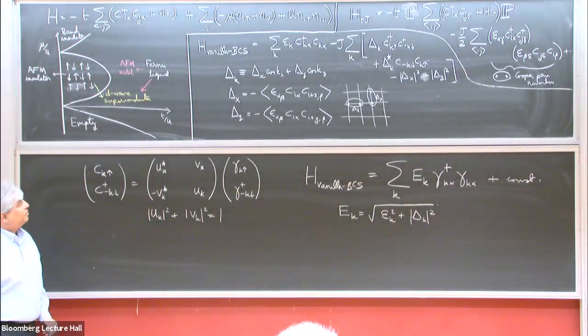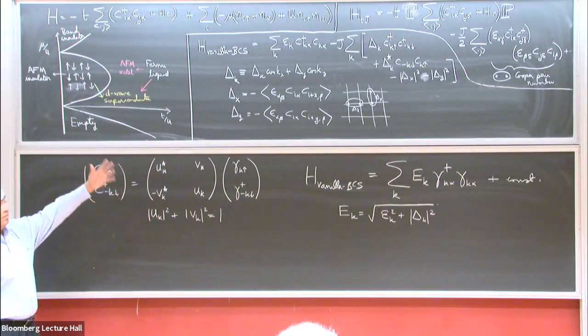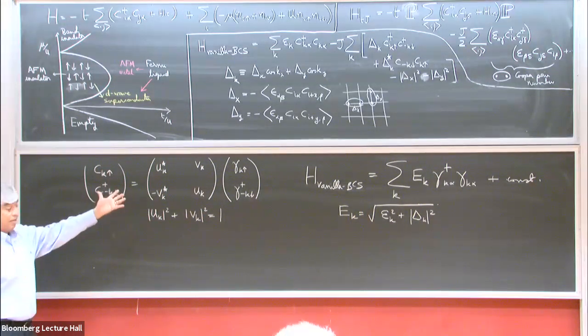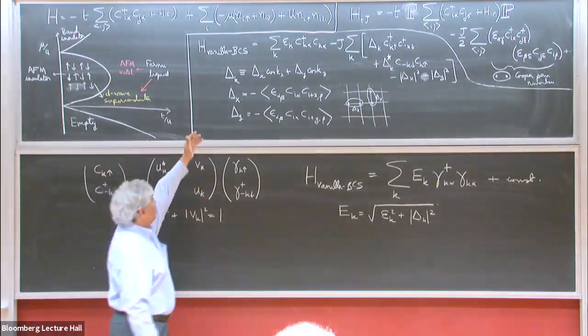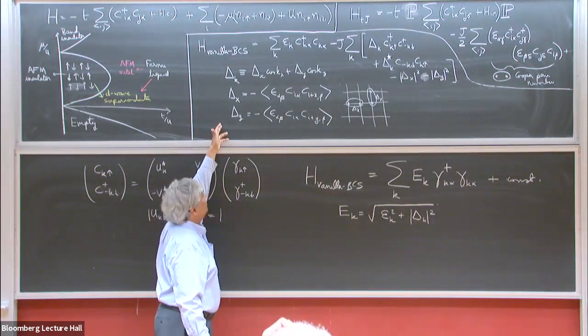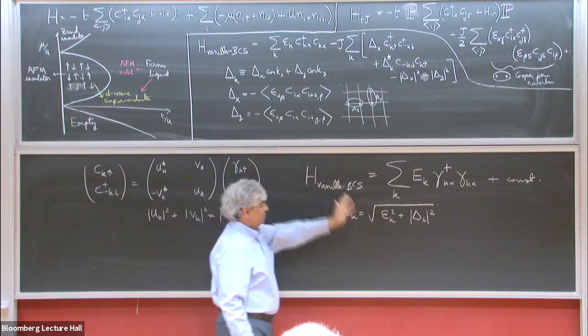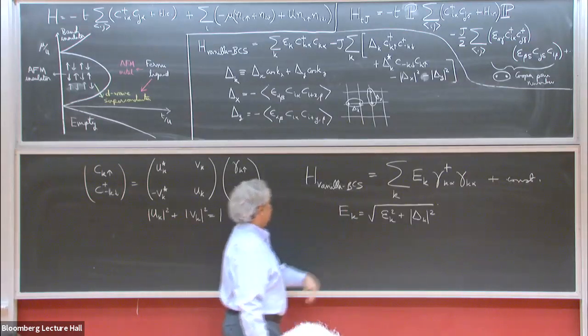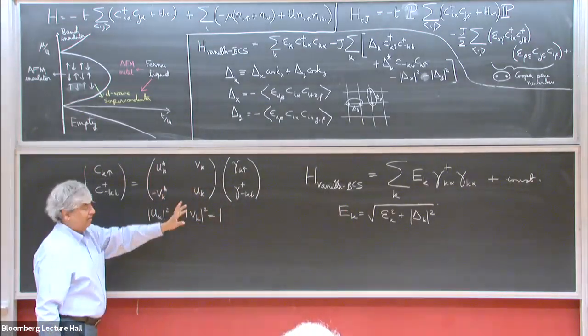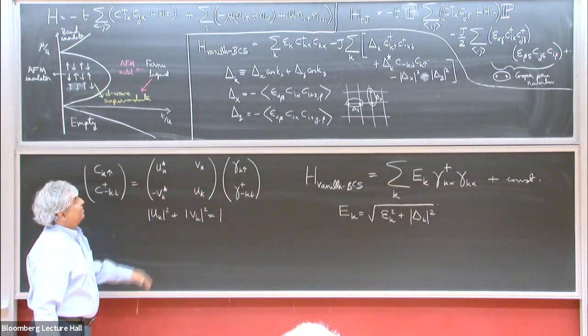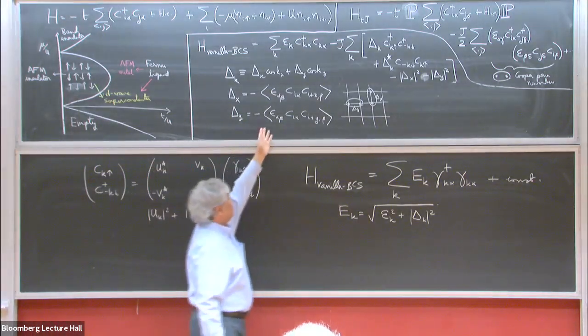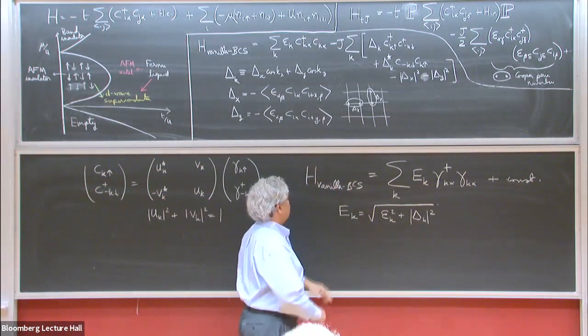Okay, so now you have everything you need to solve the problem. You pick some values of delta_x and delta_y. You then compute this answer, and you compute u_k and v_k. I haven't given you the expressions here. And then you compute the right-hand side in this Hamiltonian.